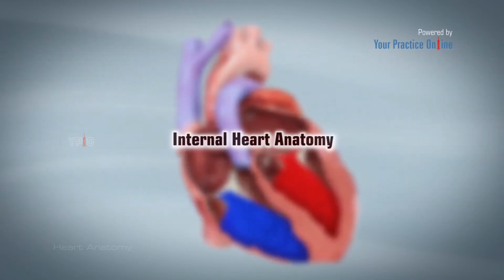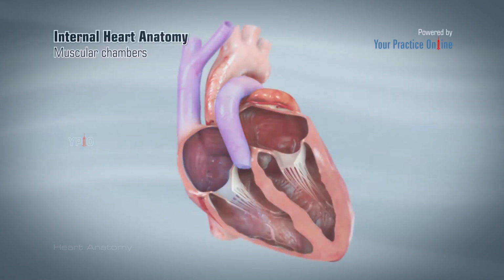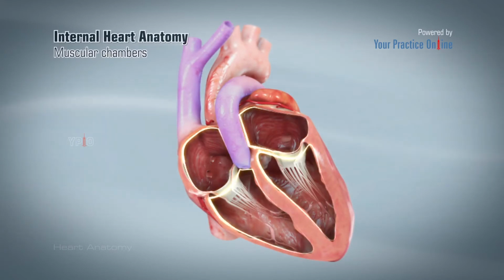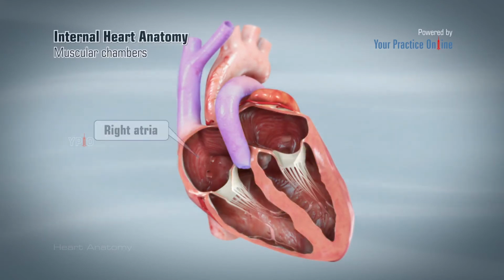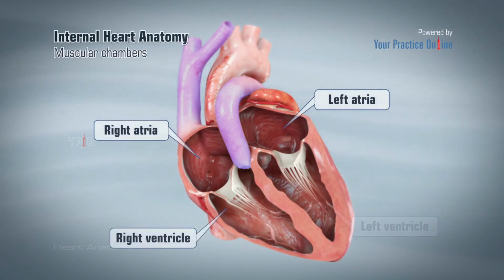Internal heart anatomy. Muscular chambers. The heart has 4 muscular chambers. The upper 2 chambers are called the right and left atria, and the lower 2 chambers are called the right and left ventricles.